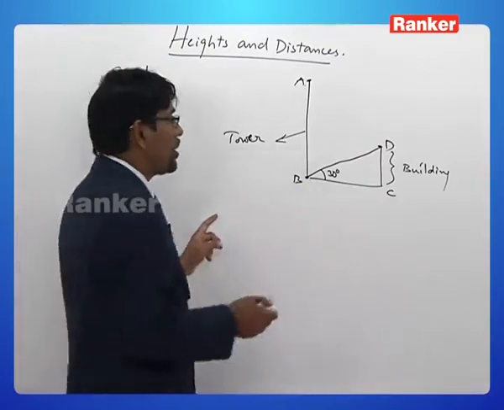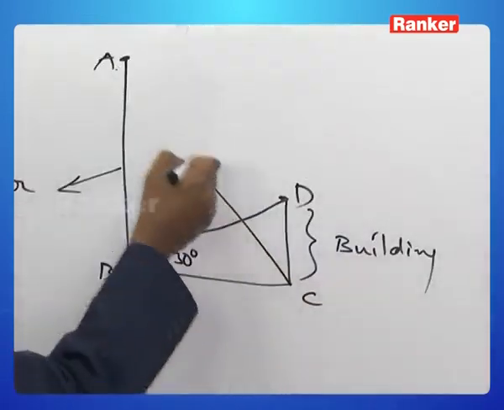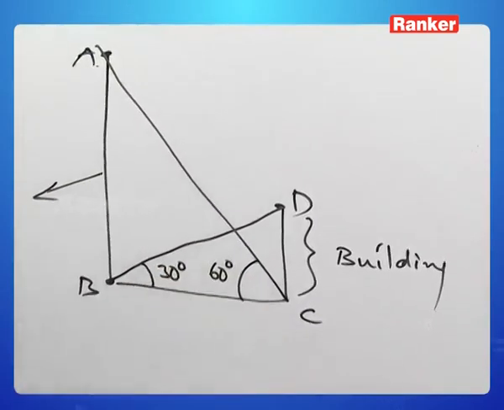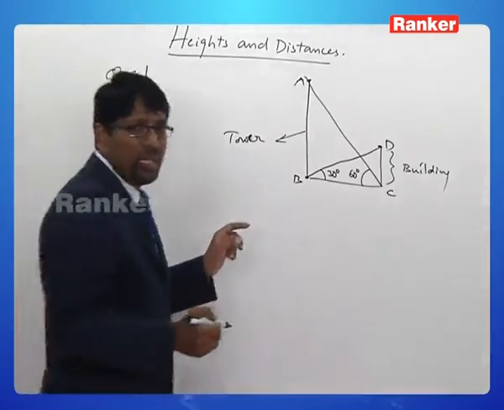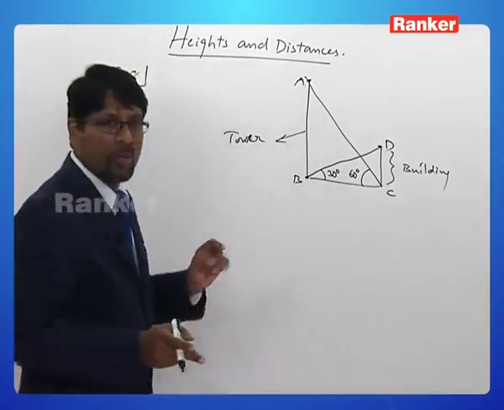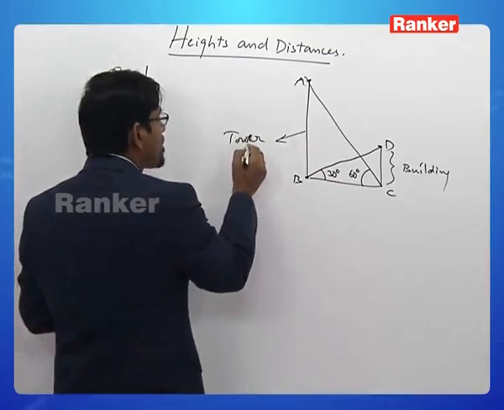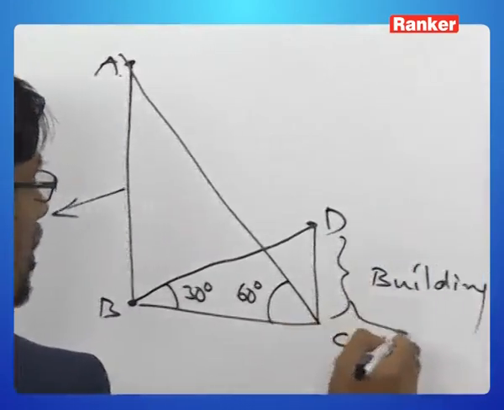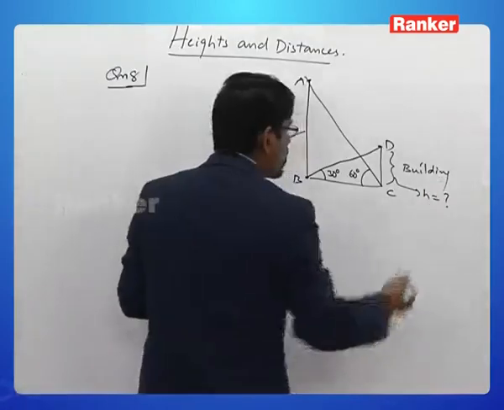And yes, the reverse is this angle is 60 degrees. The height of the tower is known to be 50 meters. We've got to find out the height of the building. H is what we want.